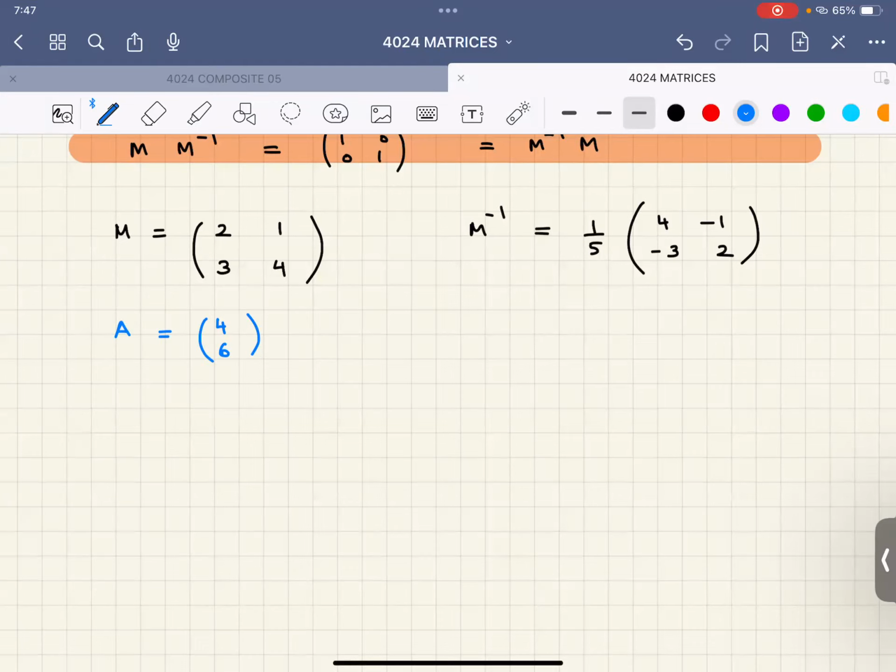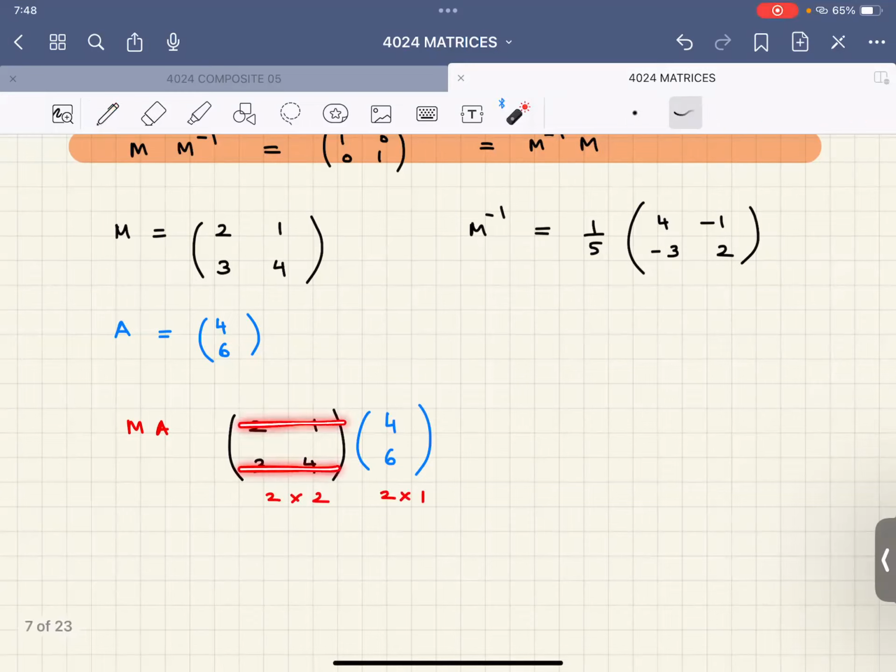Now, let me multiply out MA. So let me write it in black color. That is 2, 1, 3, 4. And this thing in blue color, which is 4, 6. Can they be multiplied? This is a 2 by 2 matrix. This is a 2 by 1 matrix.